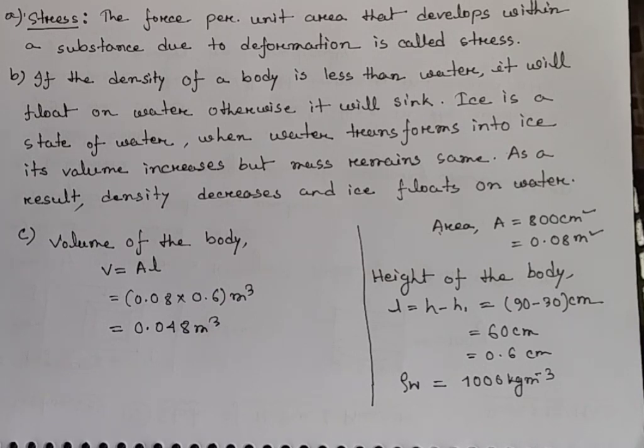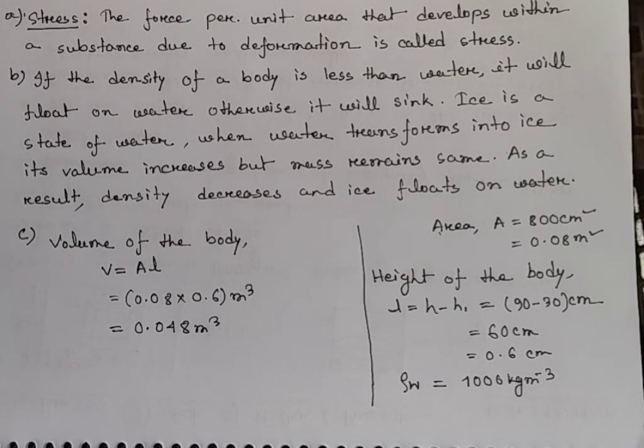Here density is given in the question, and we know the value of acceleration due to gravity, but we don't know the volume of this object. So we have to determine it first. The area is given as 800 centimeter square, and it will be converted into SI unit, meter, and it will be 0.08 meter square.